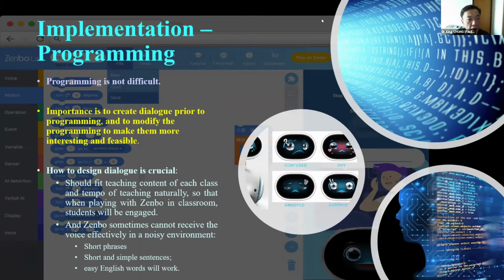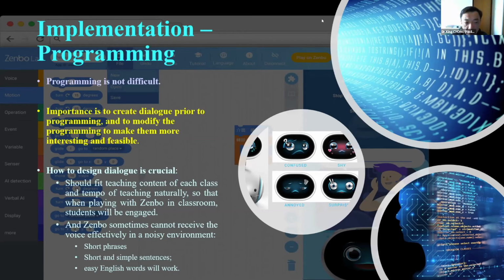So how to design the dialogue is crucial, because the dialogue should fit the teaching content of each class. Maybe in this case the robot plays the role of the solicitor. The next case maybe the court judge. This case may be contract law. That case may be about the other intervention. It's different cases. So when playing with Zambo in the classroom, students will be engaged.